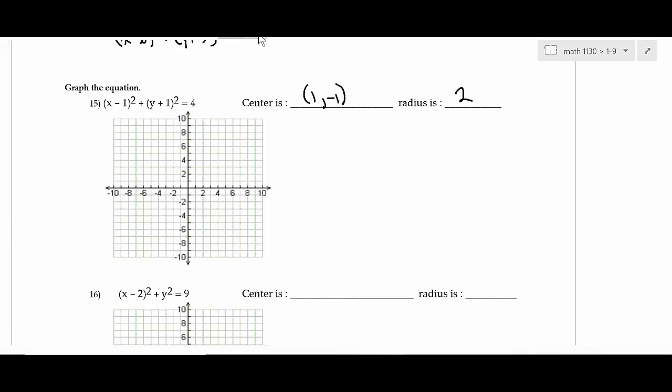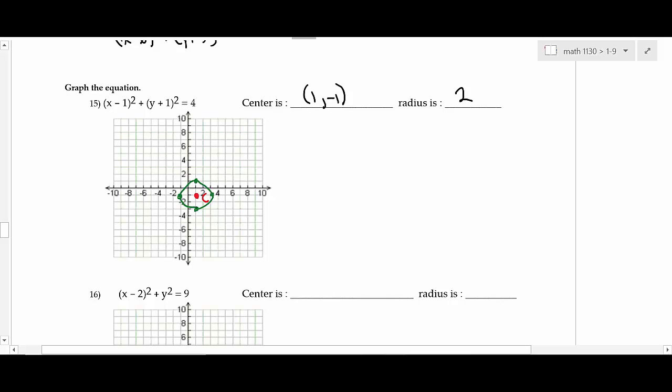So what you do is you start by plotting the center. Just go 1, negative 1, that'll be your center. I'm going to call that C. Then if the radius is 2, I go to the right 2 and put a dot. I go up 2 from the center and put a dot. Go to the left 2, go down 2, and just do the best I can to draw a circle, like that.